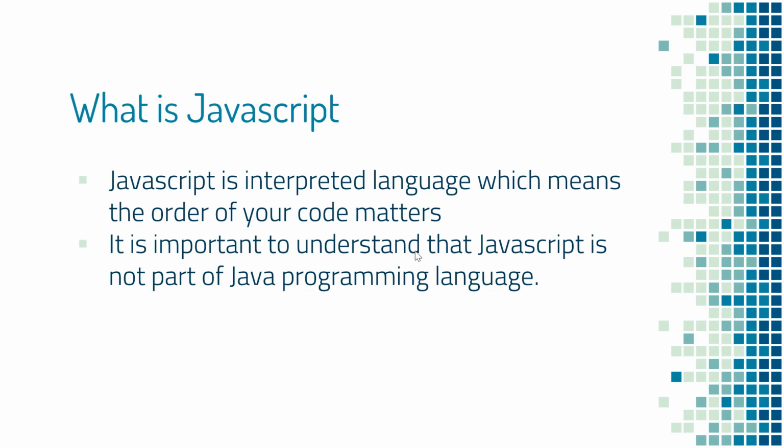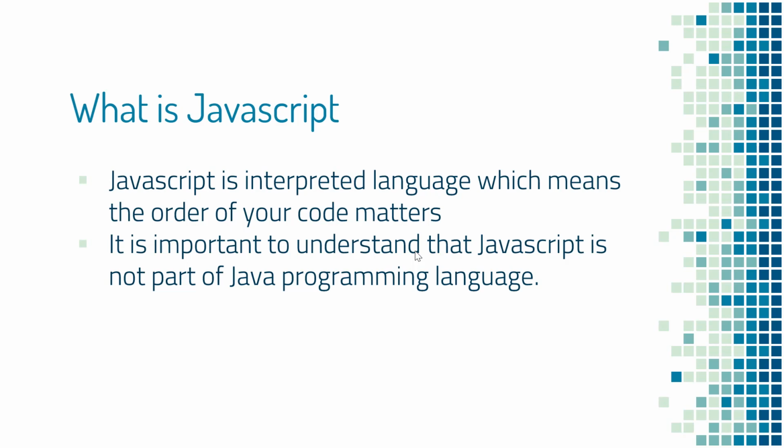One important thing about JavaScript, which is really important for you as a developer to understand, is that JavaScript is an interpreted language. For any programming language, most of the time we have one of two approaches to compile these files: either to use an interpreter or to use the compiled version.